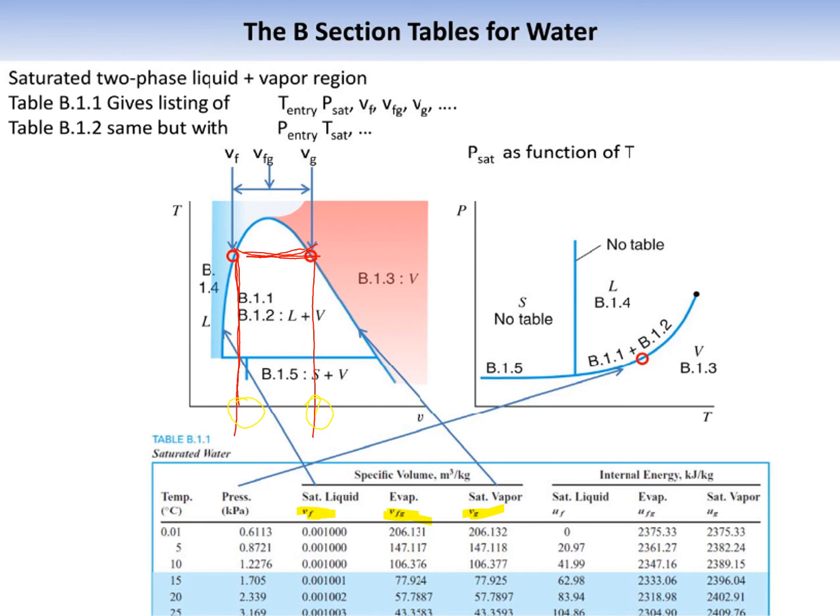How much volume will it occupy? It is known as Vg. And Vfg is not a physical volume, it is the difference of Vg minus Vf. So it is the length of this line. The length of this line is Vg minus Vf. It is known as Vfg. So we can find these volumes.